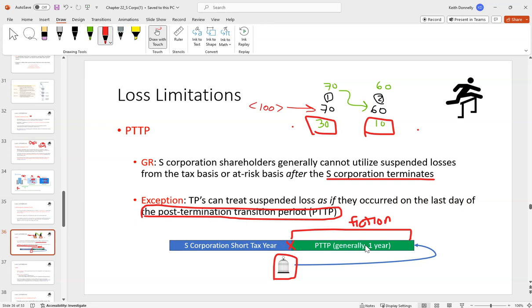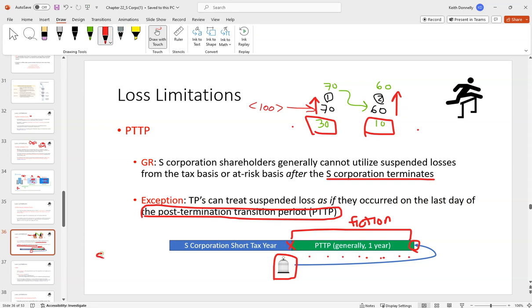It says, hey, we will give you 1 year to build up your stock basis and your at-risk basis. Build it up during this time. Then we look at the end of that period, carry it over, and treat the loss as if it occurred on the last day of this 1 year mark. So that's what the post-termination transition period is.